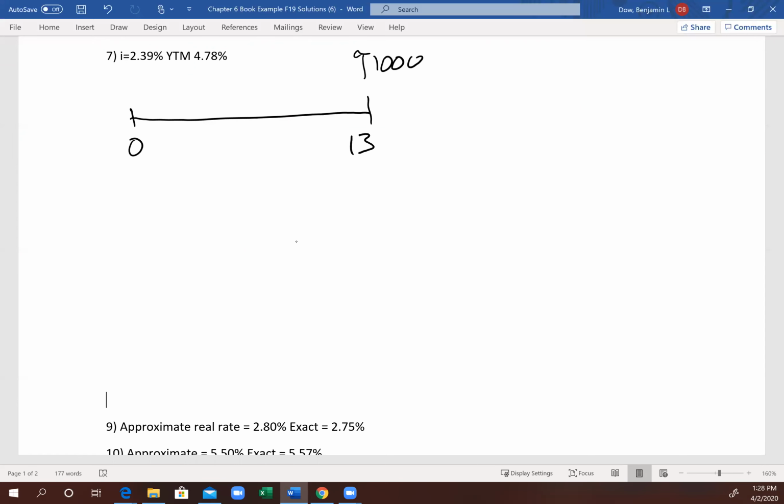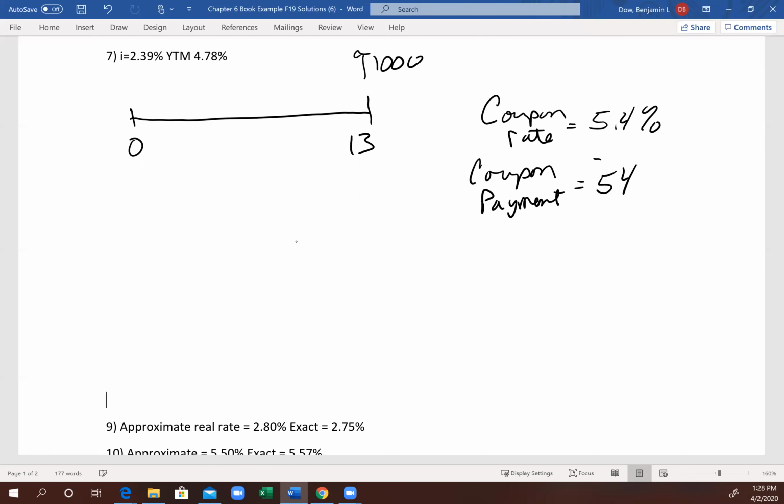The coupon rate is 5.4%. That means the coupon payment is $54 a year. But we know most likely, and it says these are semi-annual.